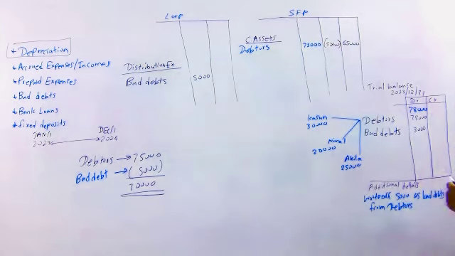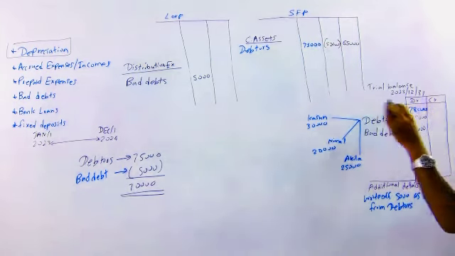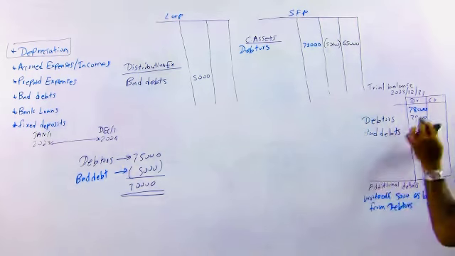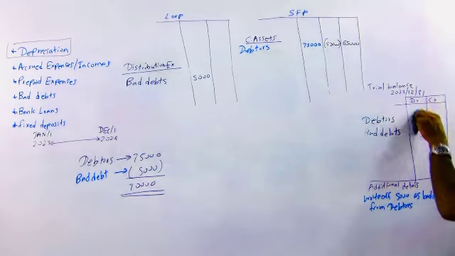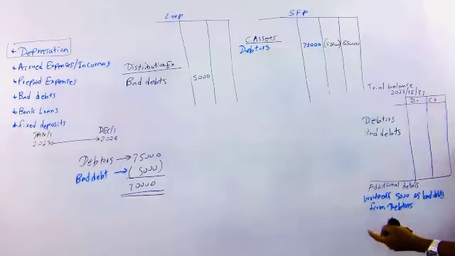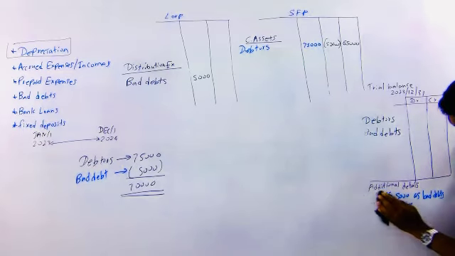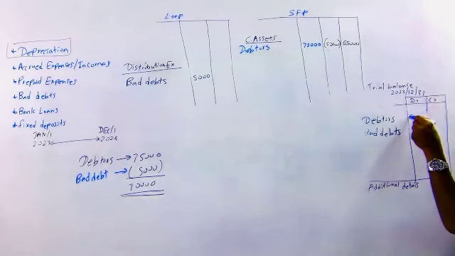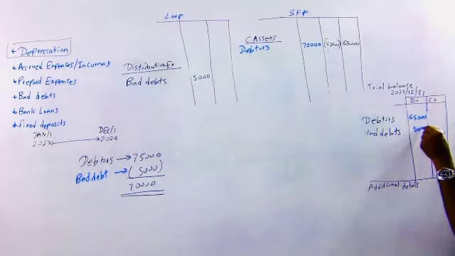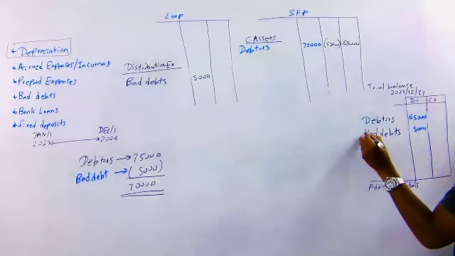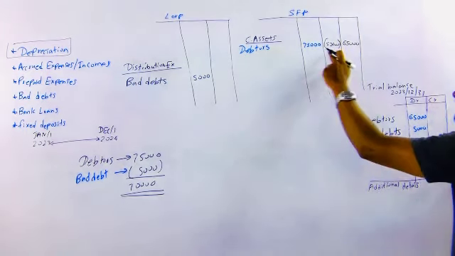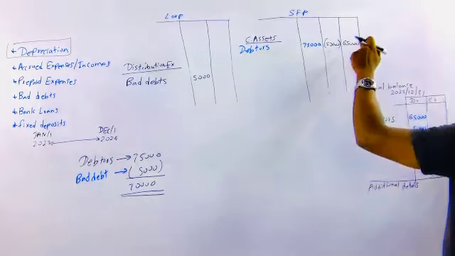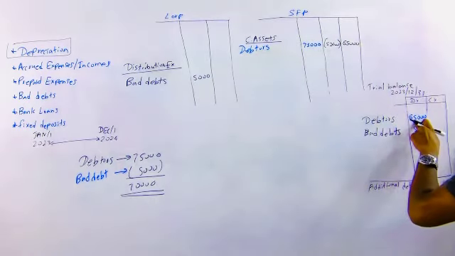Let's forget this and input like this. They haven't given this 5,000 as additional details, but they have input this 5,000 in the trial balance like this: debtors 65,000 and bad debts 5,000. Then what's the meaning? After the deduction of bad debts, the remaining debtors are 65,000.